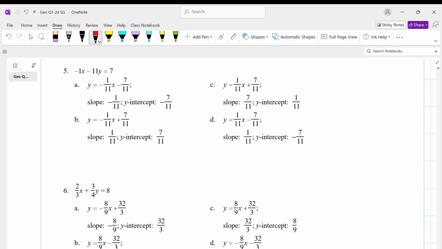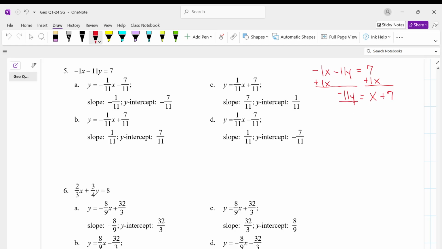In problem number 5, we've got -1x minus 11y equal to 7. So we're going to add 1x to each side. On the left-hand side, we get -11y. And on the right-hand side, positive 1x is the same as x plus 7.